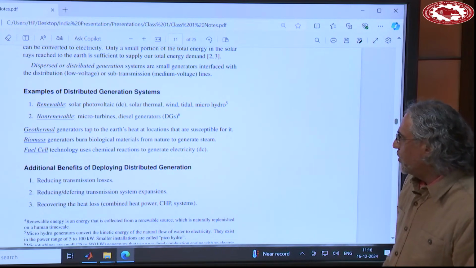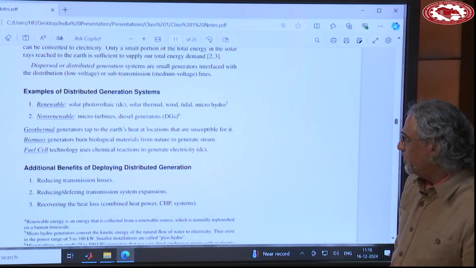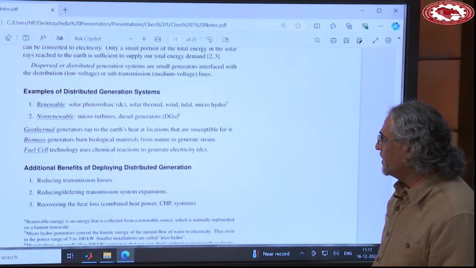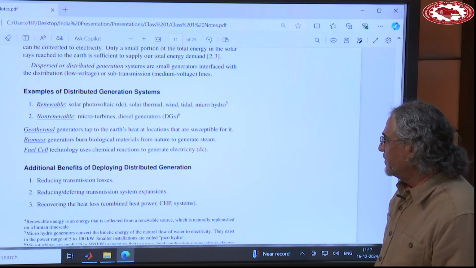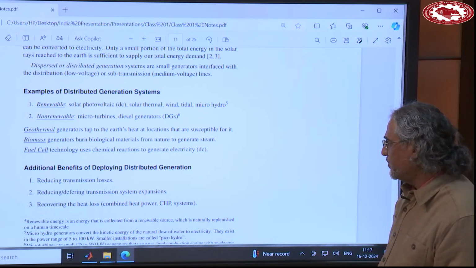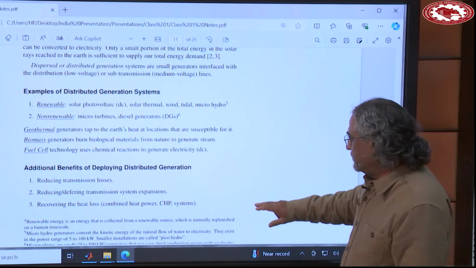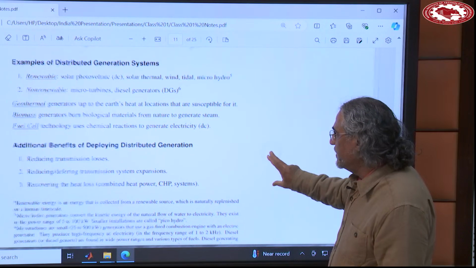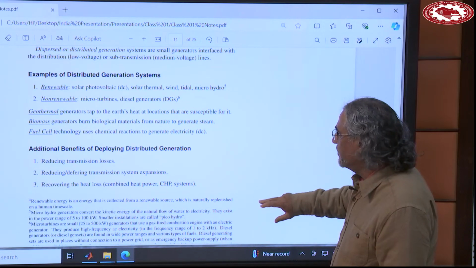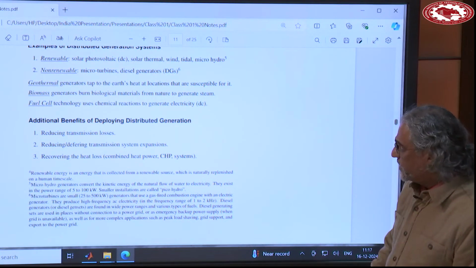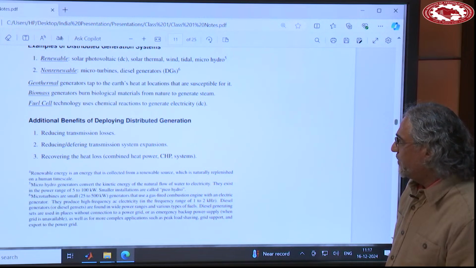Okay, so solar photovoltaic, solar thermal, wind, tidal, and microhydro are some examples of renewable distributed generation. And for non-renewable, we have microturbines and diesel generators, for instance. Geothermal we also consider renewable, available in some locations, where we can tap the heat inside the surface of the earth.